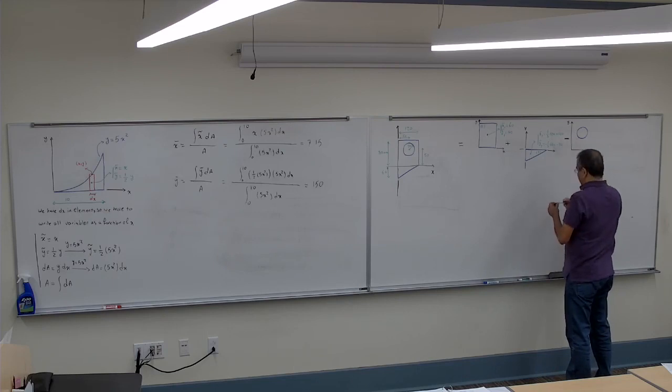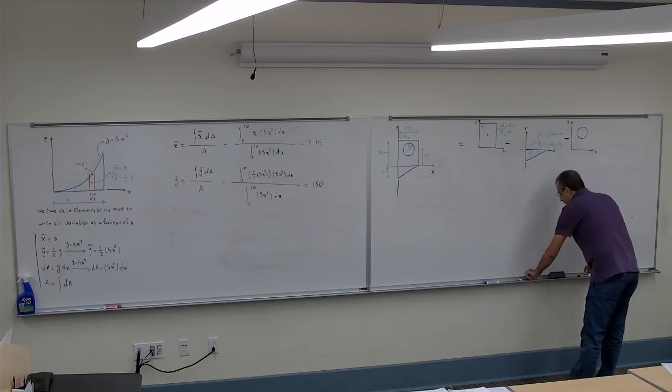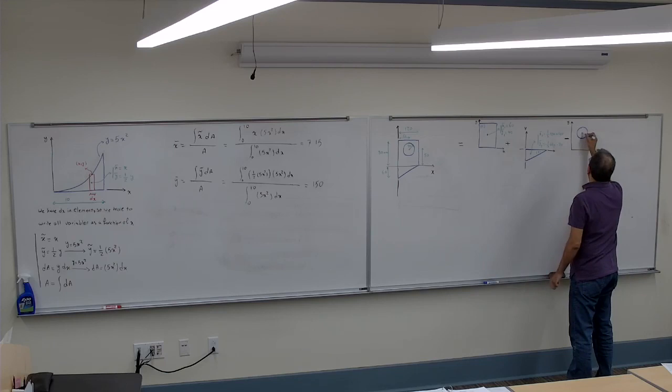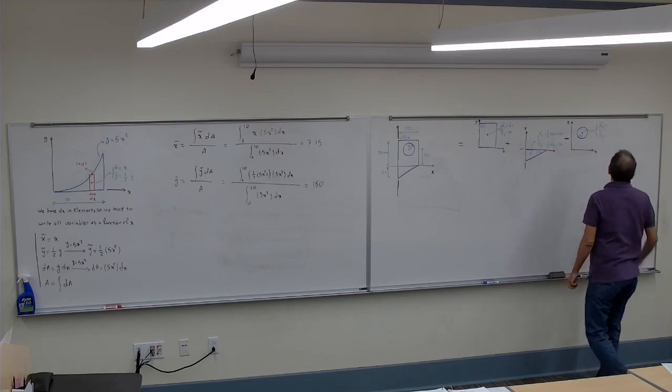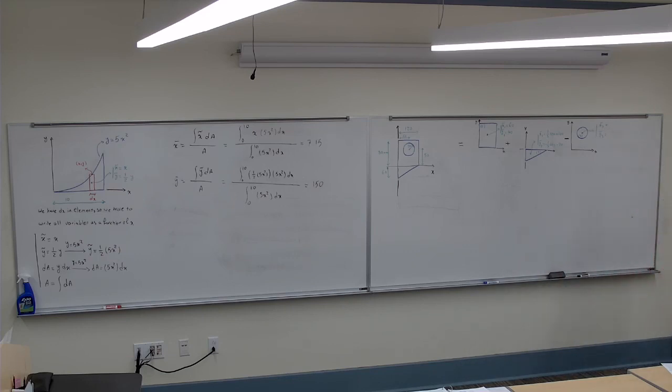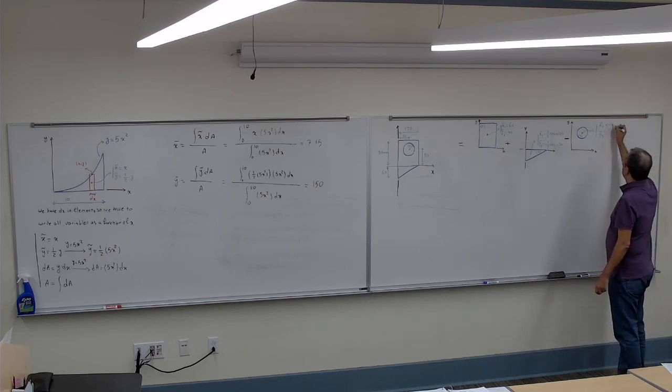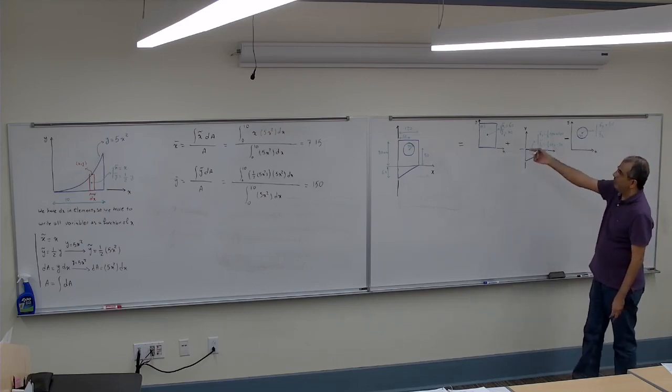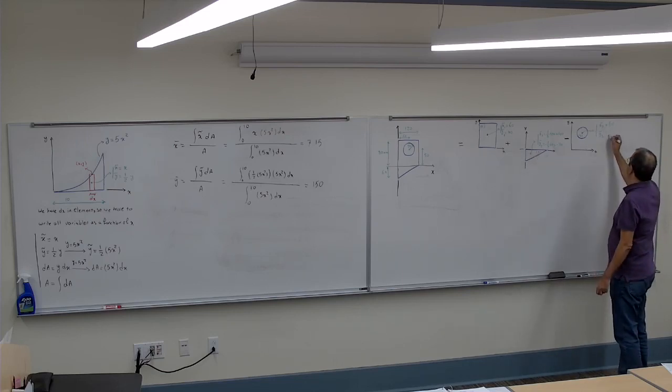Now minus this one, so the centroid for the circle, this is the 3, so x tilde 3, y tilde 3. The x tilde is going to be 60, and the y tilde is going to be 50.